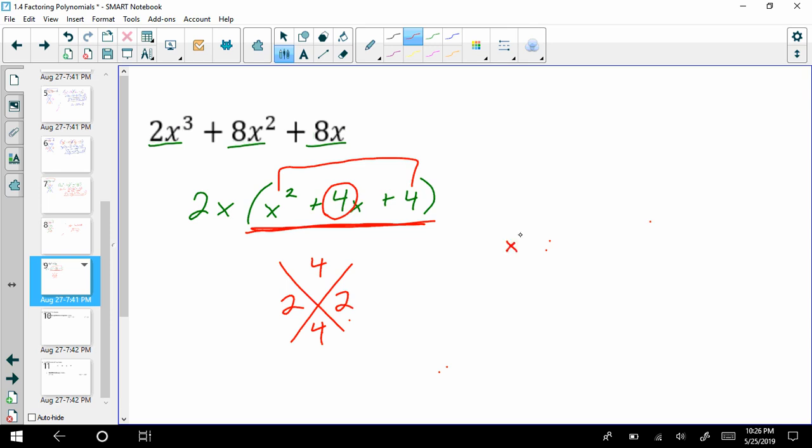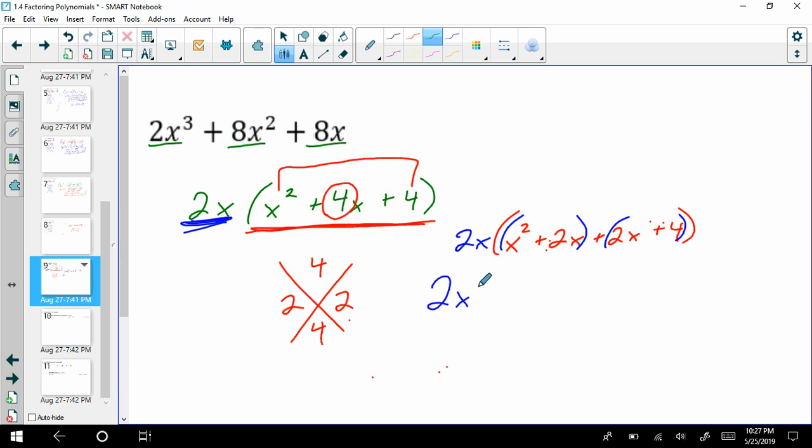So I'm going to rewrite it. I have x squared plus 2x plus 2x plus 4. Keep in mind this 2x out front is still out front. It's just going to carry down with our problem. So if I group this here, from this set I can take an x out.